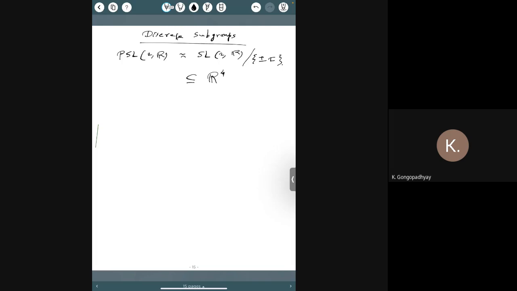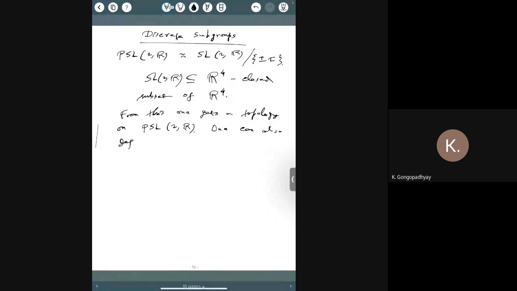So you can get PSL2R as some sort of quotient of R4. SL2R is a closed subset of R4. From this, one gets a topology on PSL2R and a norm.